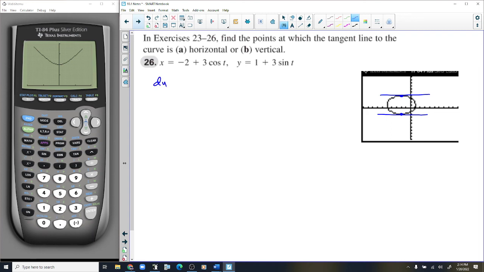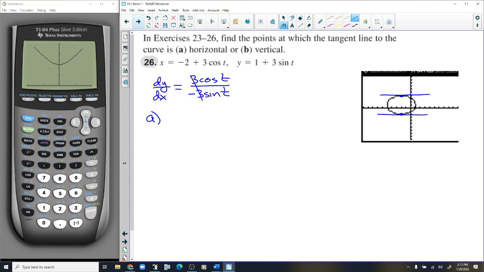We want the derivative, or the dy dx, the slope. The derivative of y is 3 cosine, and the derivative of x is -3 sine of t. And I can ignore the 3's. For horizontal, for letter A, I need the top to be 0.